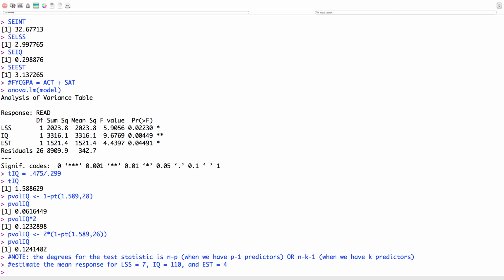Equal 4. So we'll call this y mean. So the mean response for this is going to be found by, okay guys, I'm losing my, so I need to make this, let's call it x mean response.